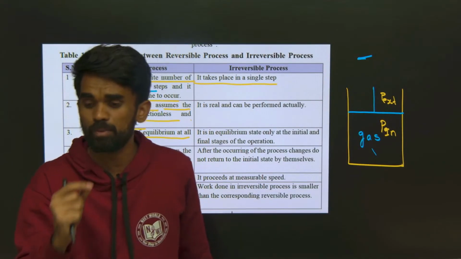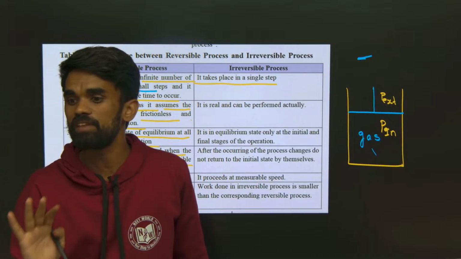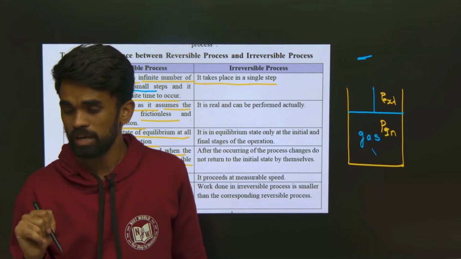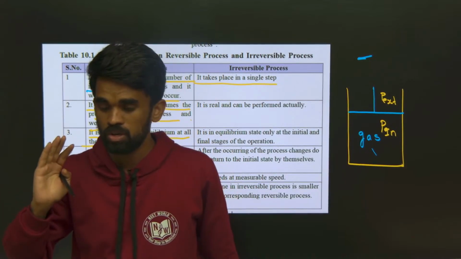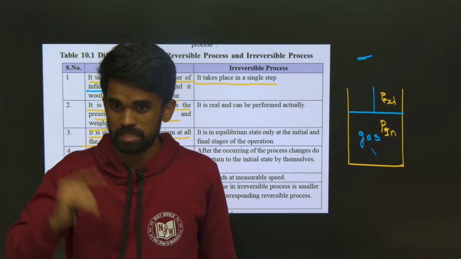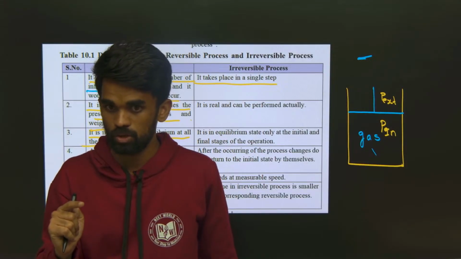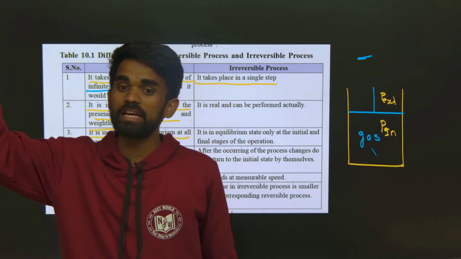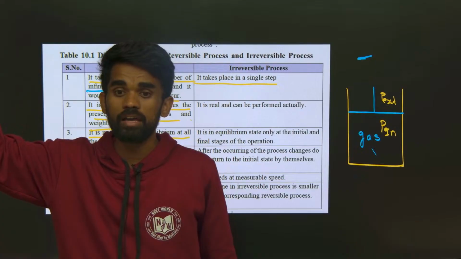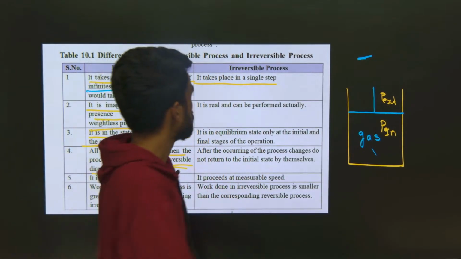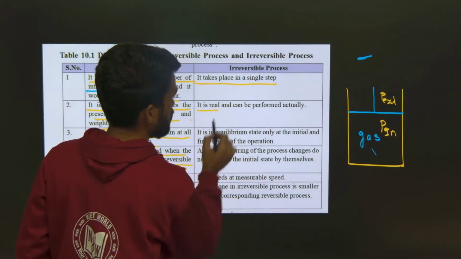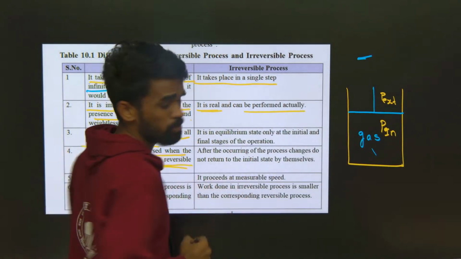So whatever processes take place in nature are irreversible processes. Just now we discussed the falling of water from a hilly region to down. It is a one-sided process, an irreversible process. Do you get what I am saying? So for making it reverse, you need to use high external aid like motors and all. Okay, but it is real and can be performed actually.